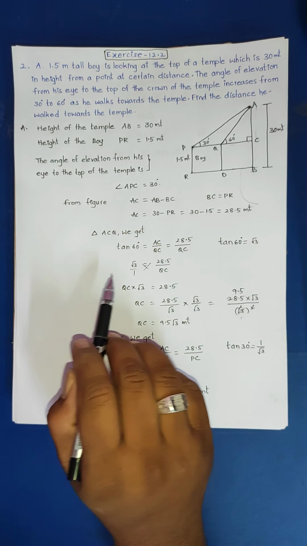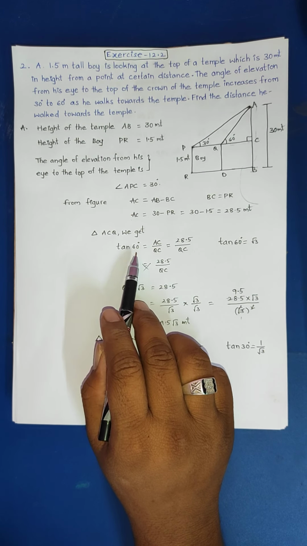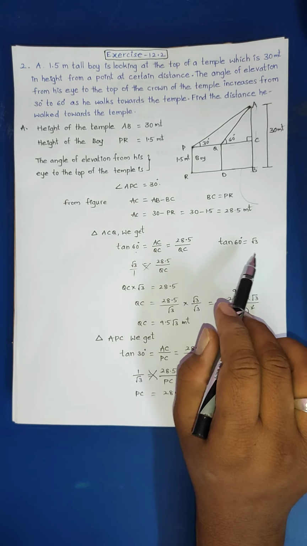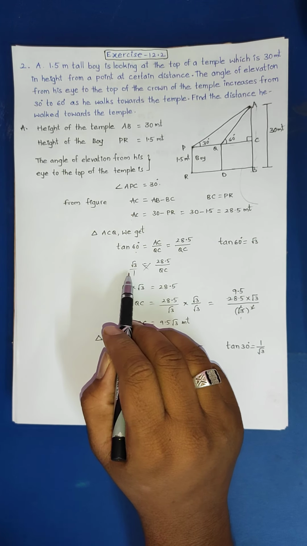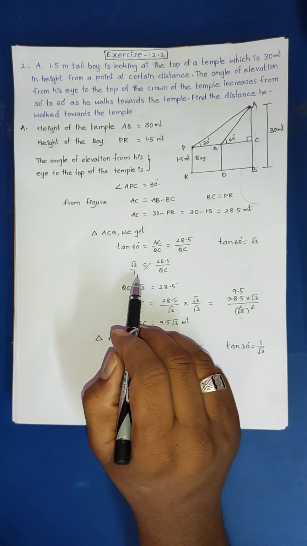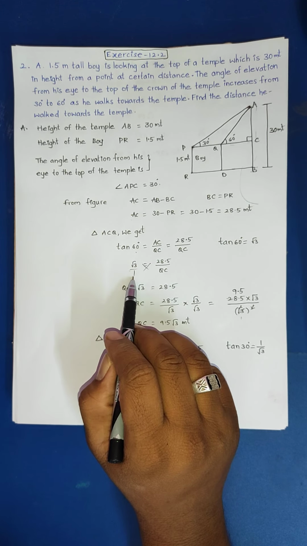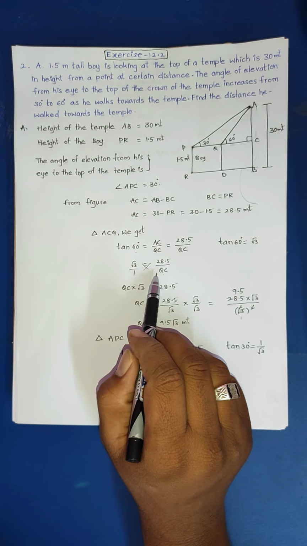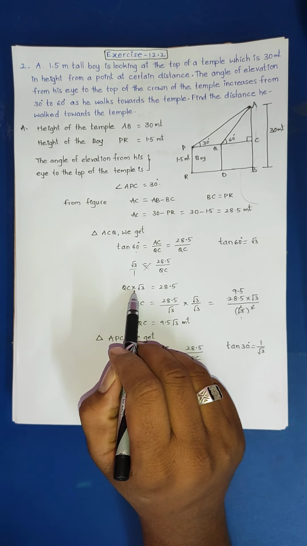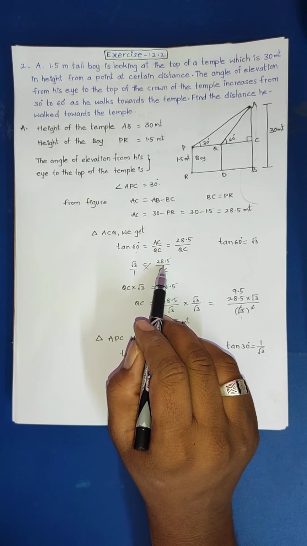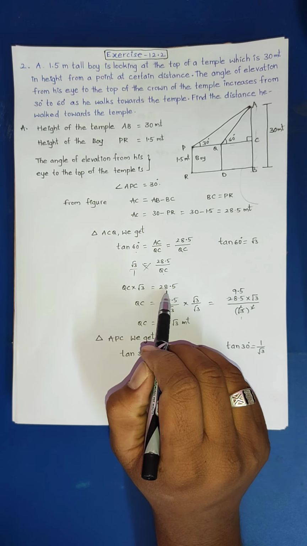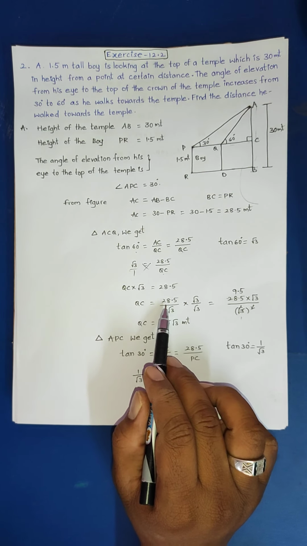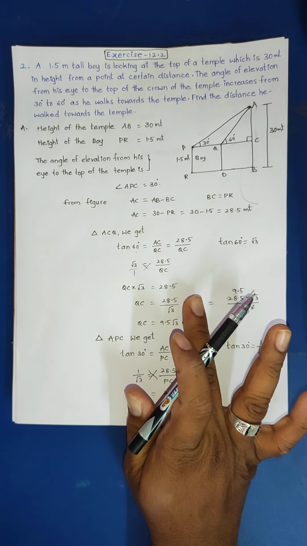QC we don't know. Tan 60 value is root 3. For better understanding, I wrote 1 in the denominator place to do the cross multiplication. QC into root 3 is equal to 28.5 into 1, which is 28.5. QC is equal to 28.5 by root 3.